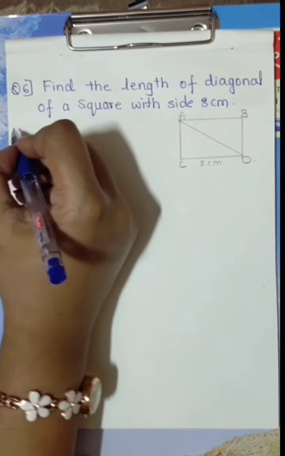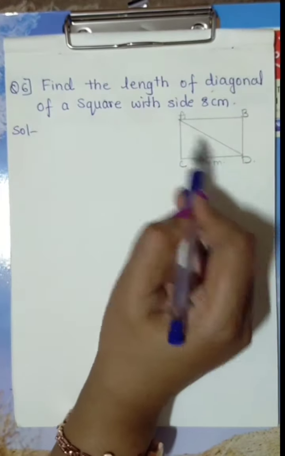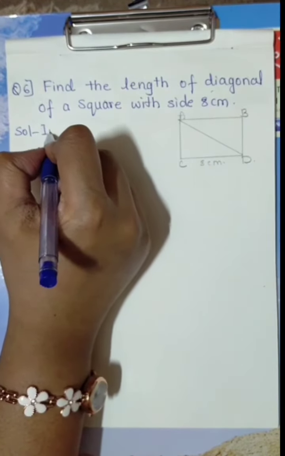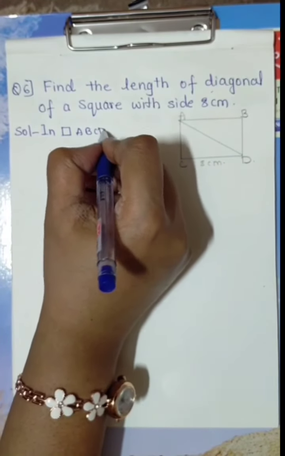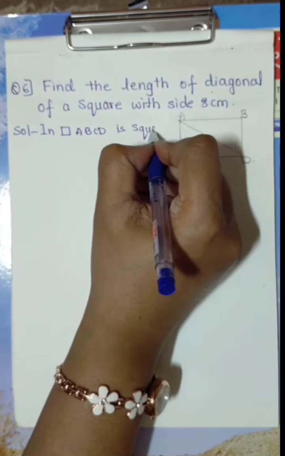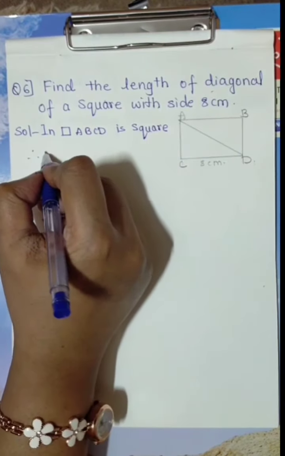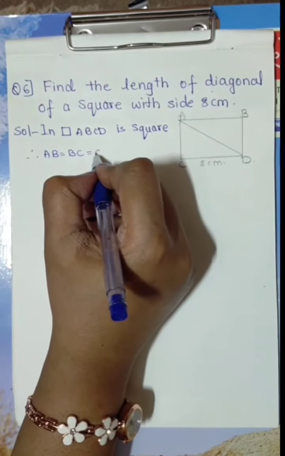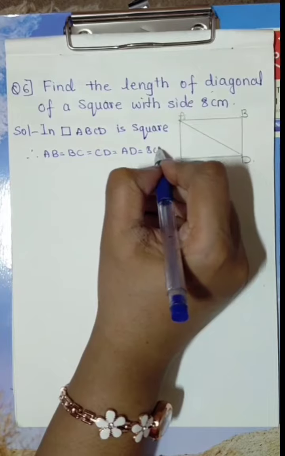Now to start with the solution we have to find the length of the diagonals. So I am writing here, quadrilateral ABCD is a square. Here AB is equal to BC and BC is equal to CD, CD is equal to AD equal to 8 centimeter.